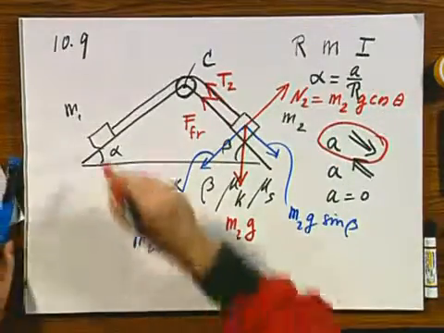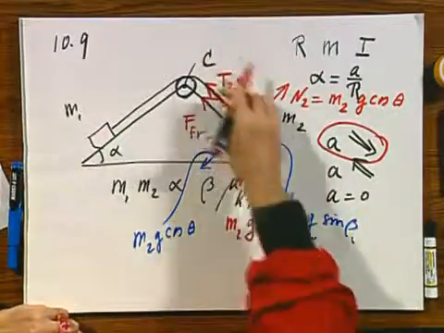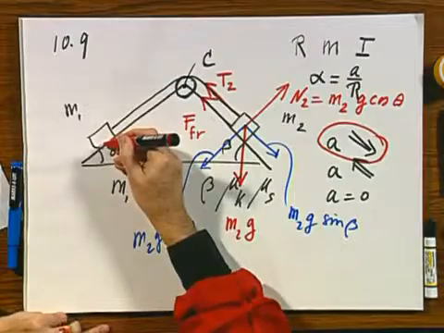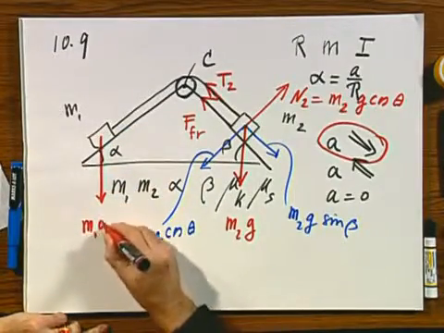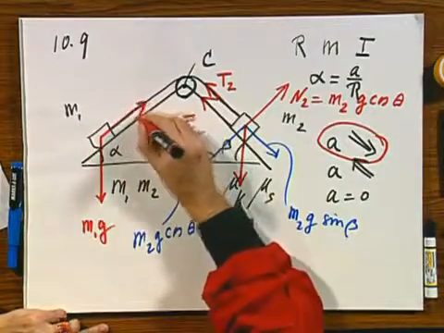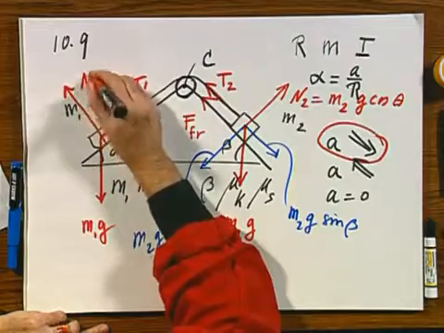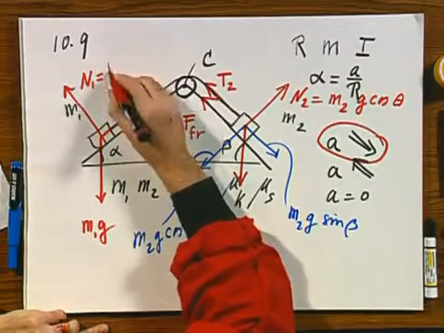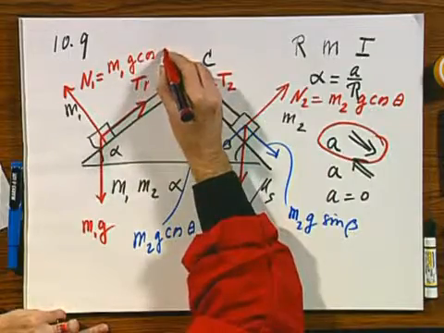And I can do exactly the same here, except that if the object is accelerated downwards, the frictional force here is in this direction. So here I get m1g, I get here tension T1, I get here a normal force N1, which is m1 times g times cosine alpha.